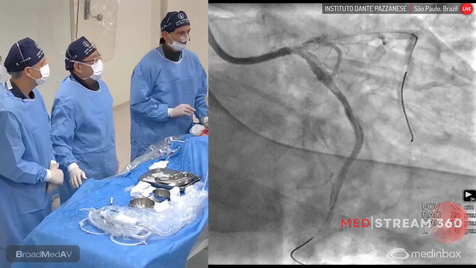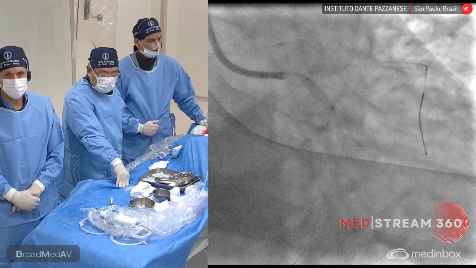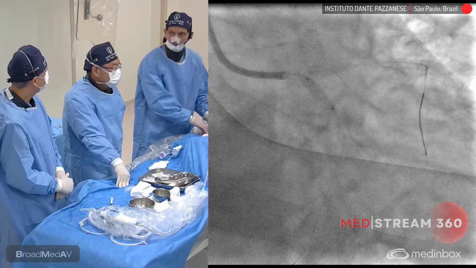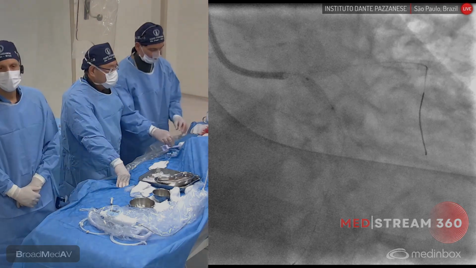So we have balloons there. Looks like a very acceptable result. Today we're going to have only this case to demonstrate. So with that, Rodolfo, I think we can already say goodbye to our friends here.